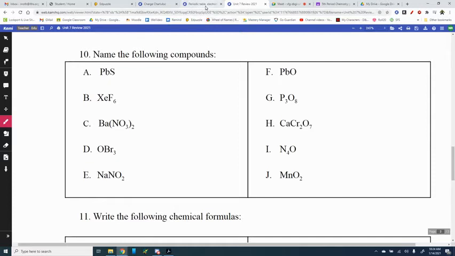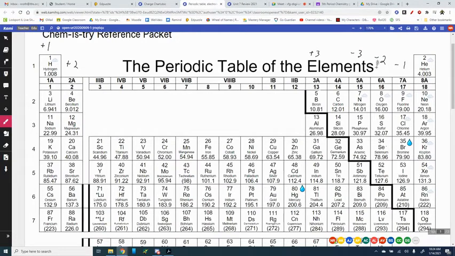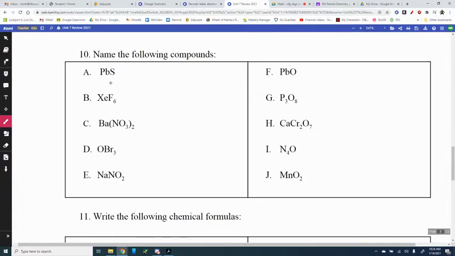Sulfur is -2. So that means lead has to have a +2 to cancel it out. So since lead has a +2, it's going to be lead Roman numeral 2 sulfide. And we do replace the ending of it with IDE.